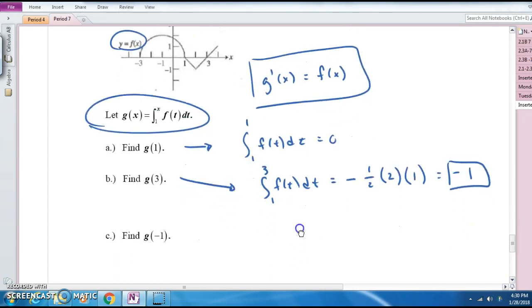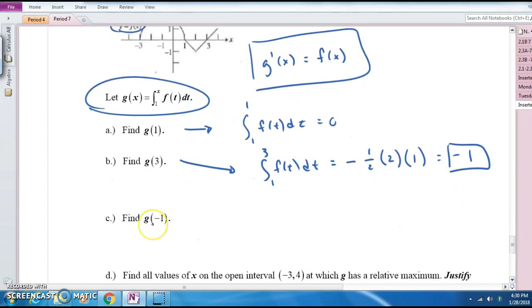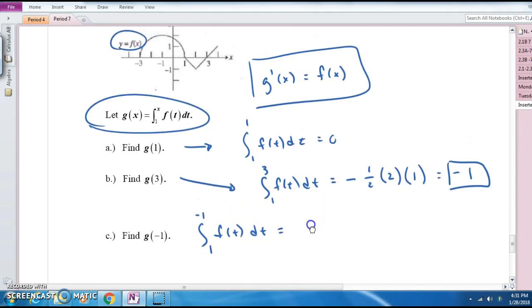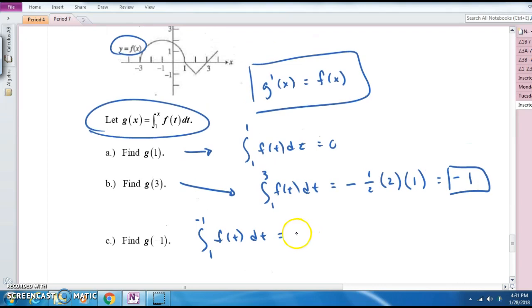Okay, moving on. G of negative 1. That would be the integral from 1 to negative 1 of f of t with respect to t. That is also going to be negative because we're going backwards here.